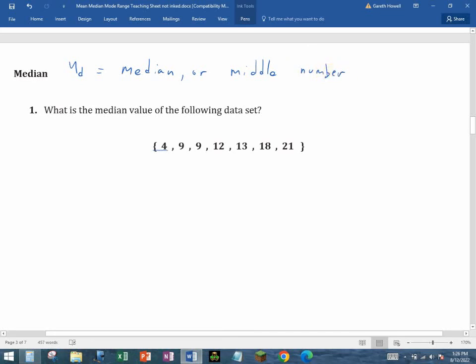Okay, and the middle number is only able to be seen if we do three things. The first thing we do is put the numbers in order, from smallest to biggest, or to largest.